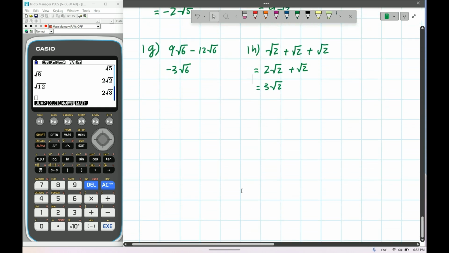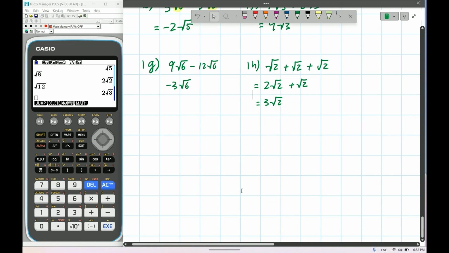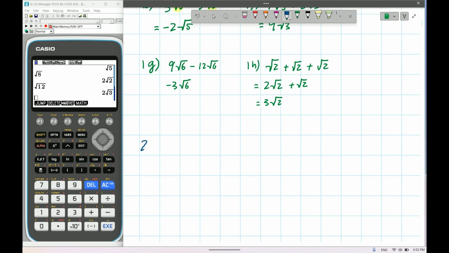All right, let's keep going with question 2. Okay, so you've got root 2 in brackets 3 minus root 2. So this is a classic example of expanding brackets. The term on the outside multiplies by each of the terms on the inside. So when you multiply root 2 by 3, you get 3 root 2.